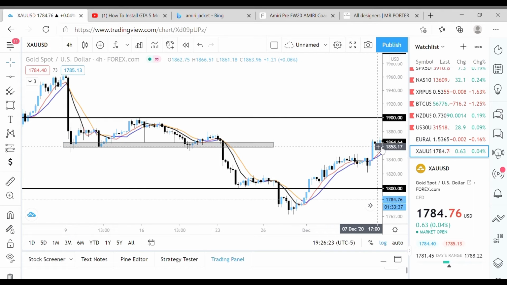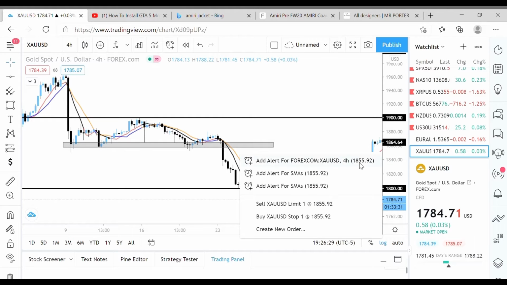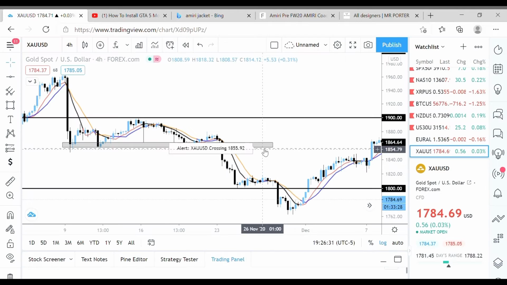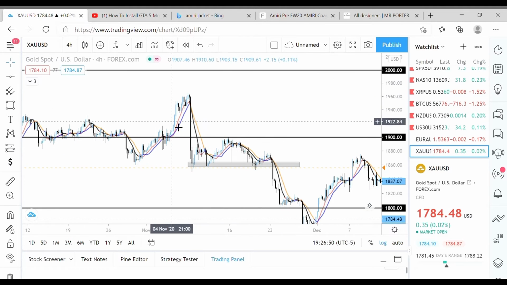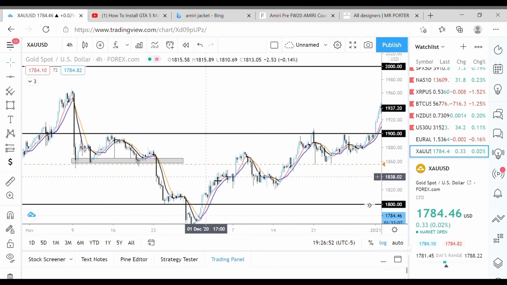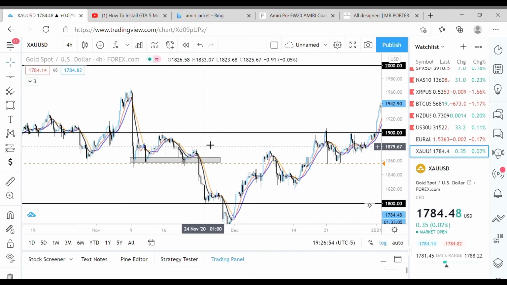Sometimes I may put an alert right here, probably right in that area. Set that alert right there, so I get an alert to my phone telling me that this is about to go down. The downtrend is selling, the uptrend is buying. There you go. So, pay example.